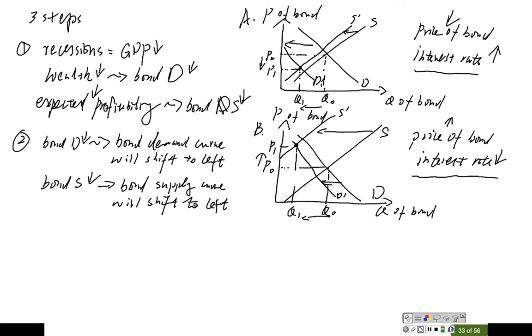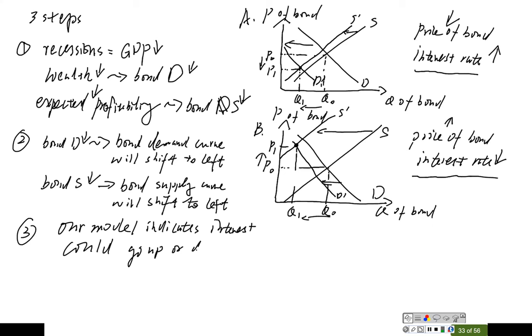So some of you may ask whether the interest rate will increase or decrease. Our theoretical model indicates the interest rate could go up or down, depending on whether the demand curve or the supply curve shifts more than the other.